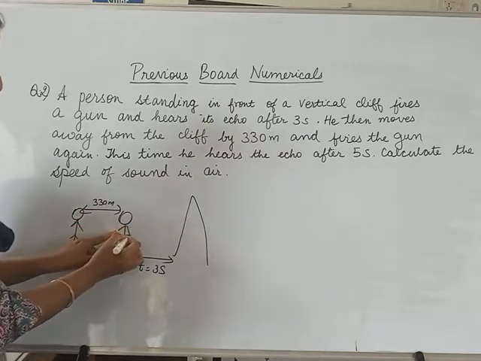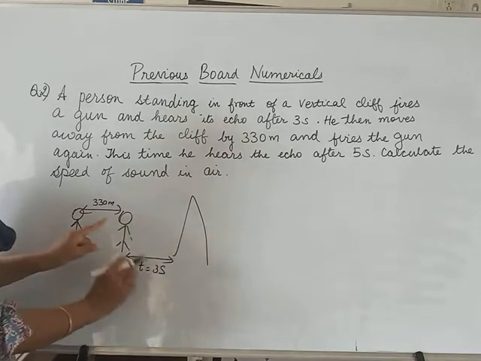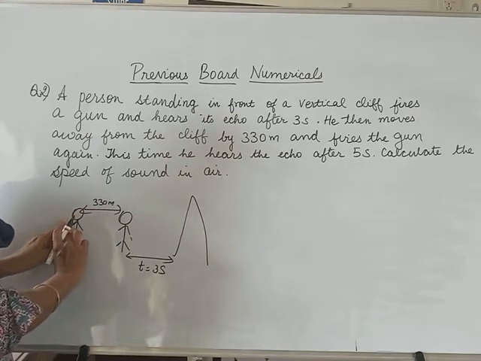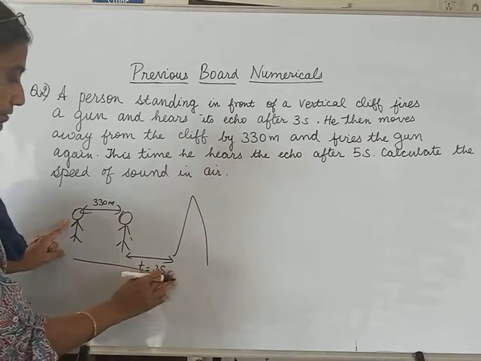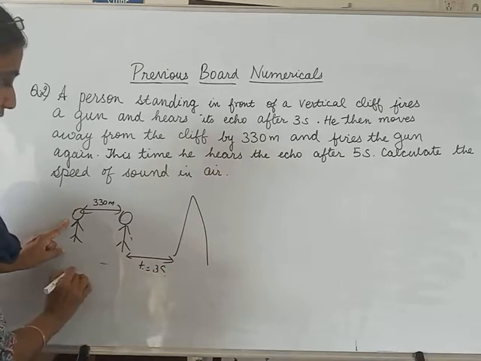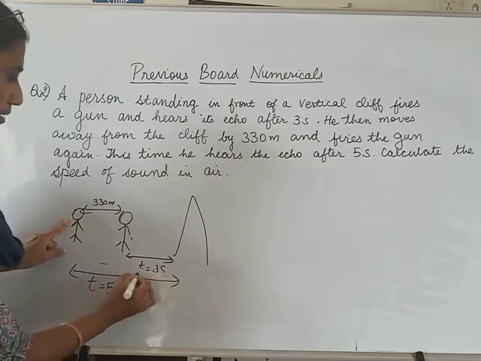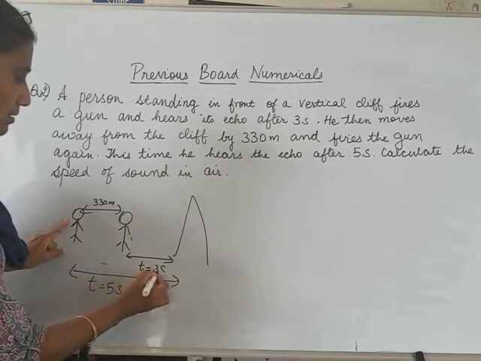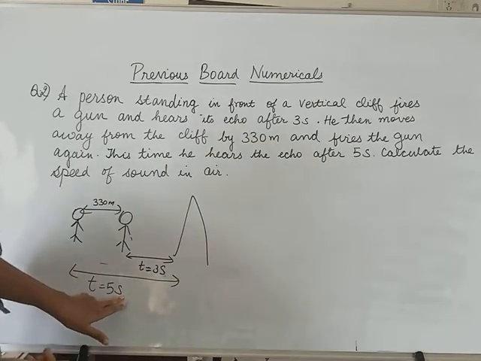Earlier he fired the gun from here, the sound had to travel, go here, come back, and it came back in 3 seconds. Now when he fires from here, it takes 5 seconds for the sound to go and come back.